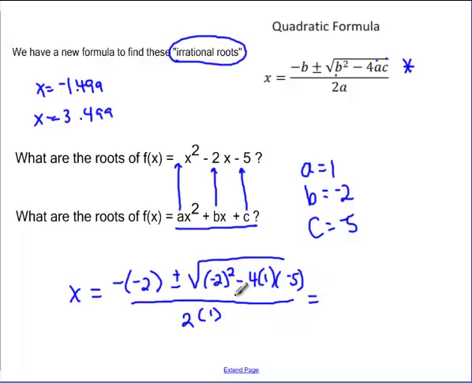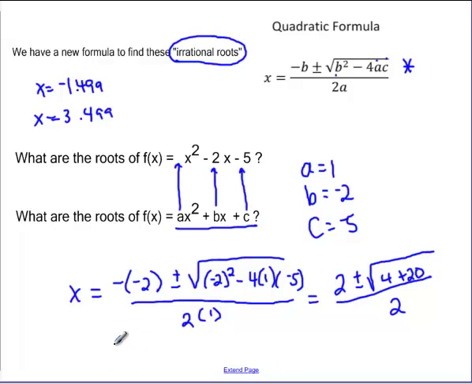Okay, if we clean that up, negative 2 gets me positive 2. We'll talk about why it's plus or minus in a minute. Square root, let's see, can we do all this? Negative 2 squared is 4. Negative 4 times 1 times negative 5, careful, is a plus 20 over 2.